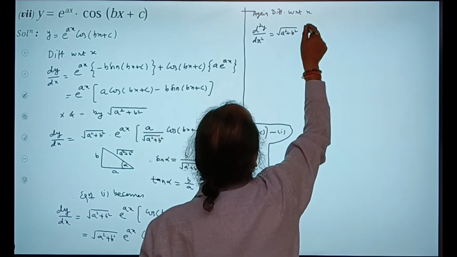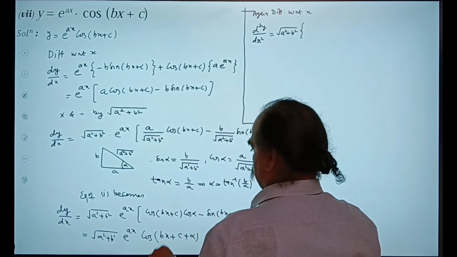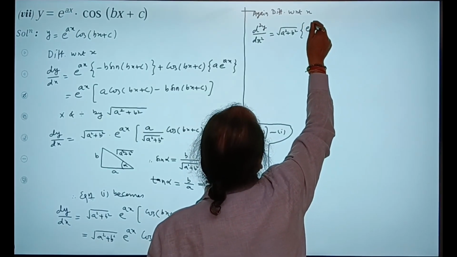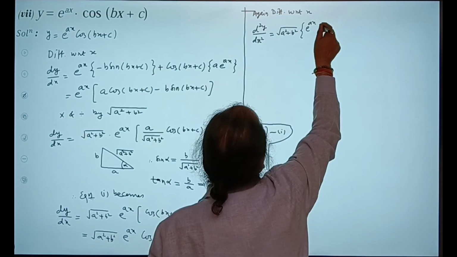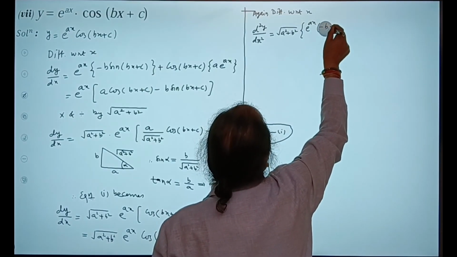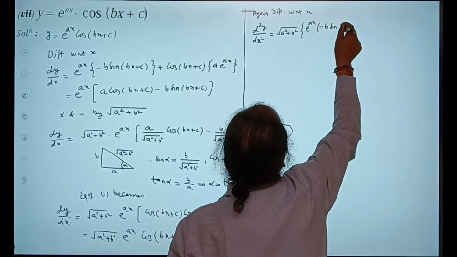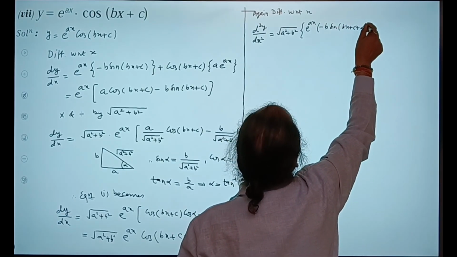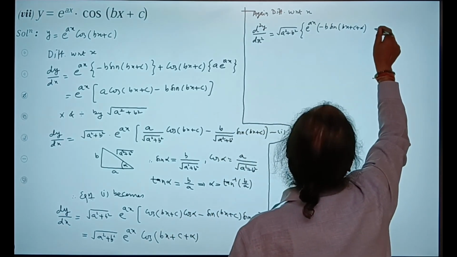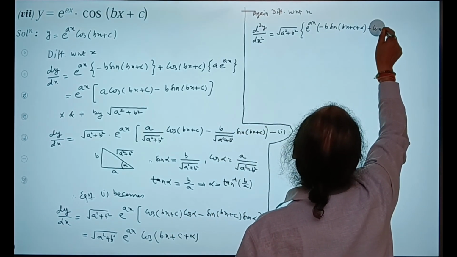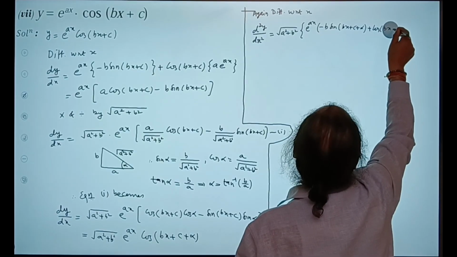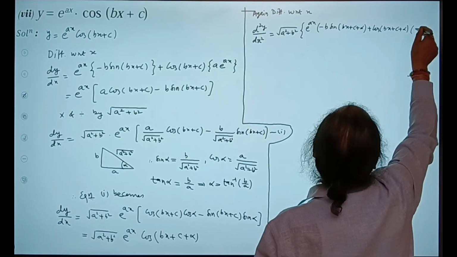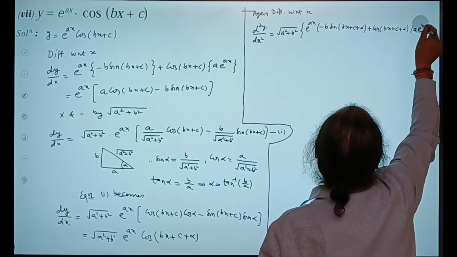We will get e raised to x, minus b sin(bx plus c plus alpha) plus cos(bx plus c plus alpha) into derivative of e raised to x, which is what? a e raised to x.